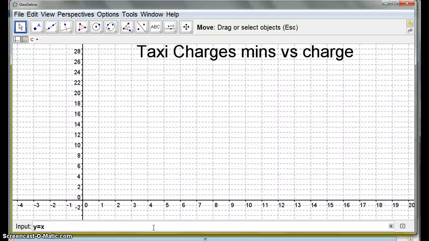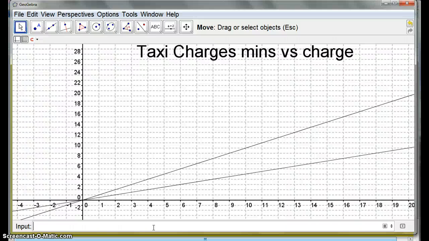If I said y equals x, then I would just be charging $1 a minute. So for every minute, you would be charging $1. If I said y equals 0.5x, then for every 2 minutes, I'd be charging $1.